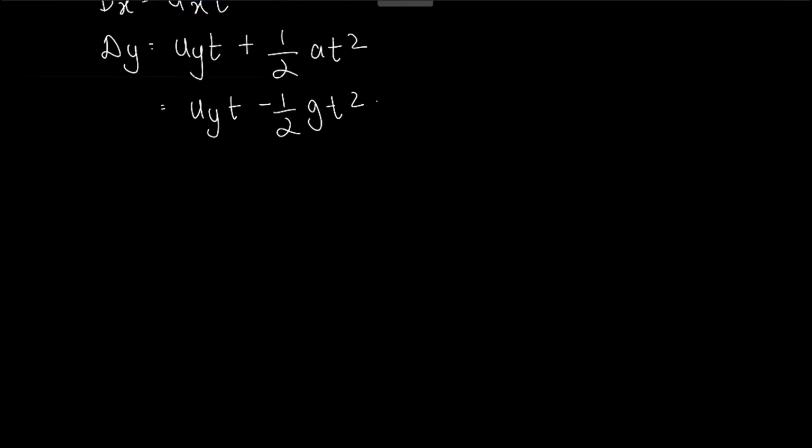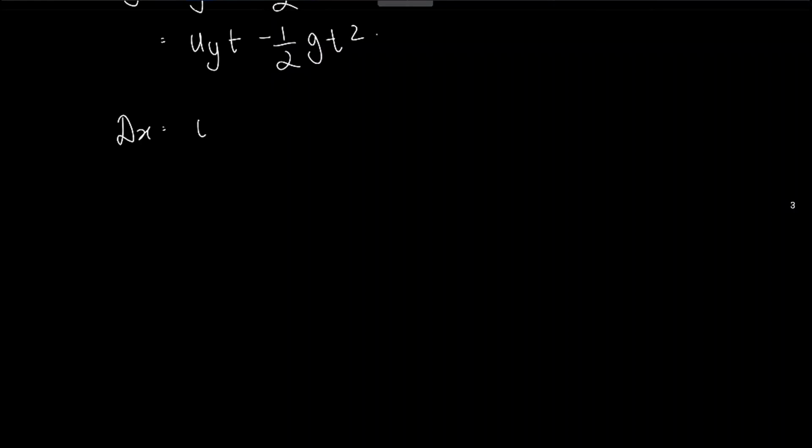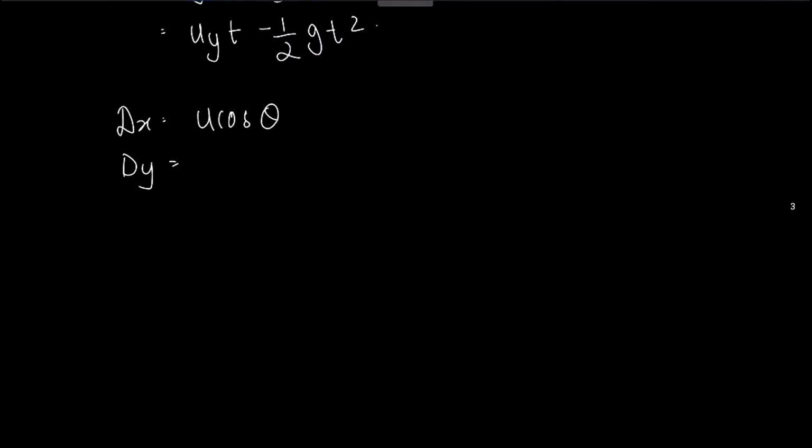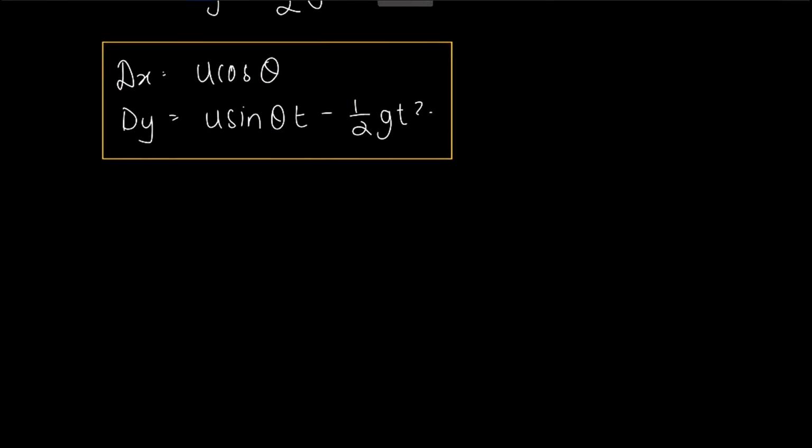Now dx is going to be ux t, which is simply u cos theta t. Dy is going to be uy t minus half g t squared, which is u sin theta t minus half g t squared. Now that we have this expression, we can go ahead doing our further calculations from it.